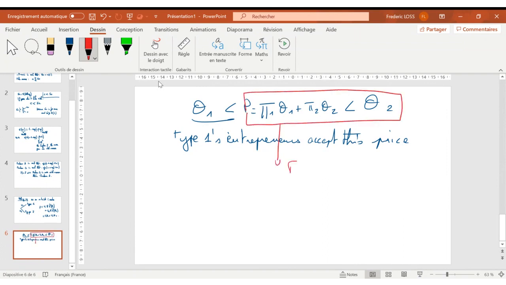So for a type 2 entrepreneur, there is a trade-off. Because on the one hand, if a type 2 entrepreneur accepts this price, well, he or she loses money. But on the other hand, he gets rid of the risk. And this is good because he or she is risk averse. Okay?